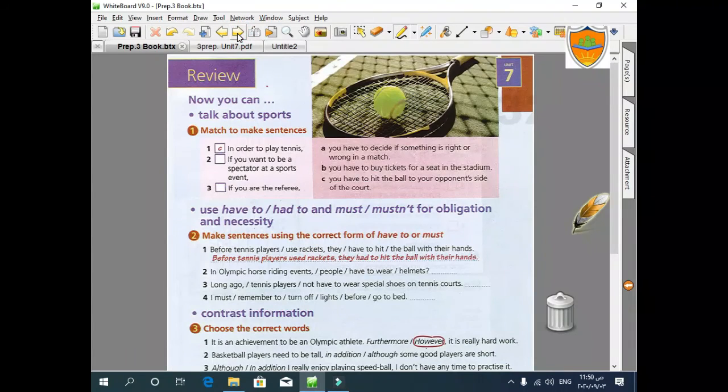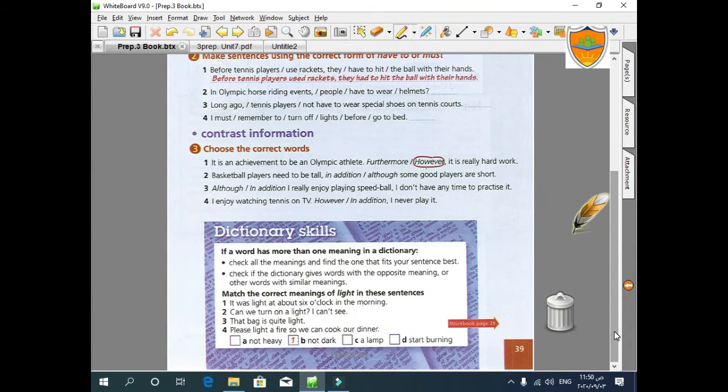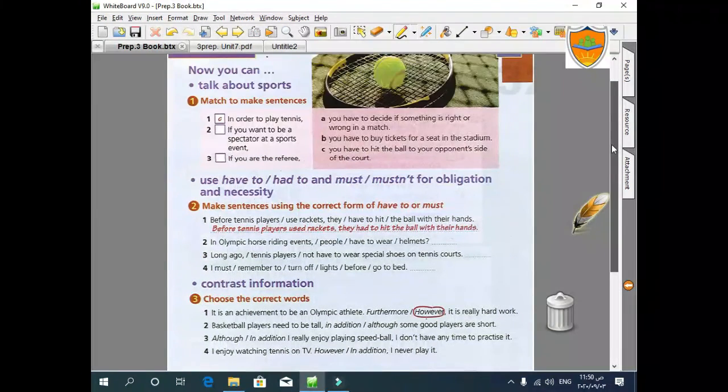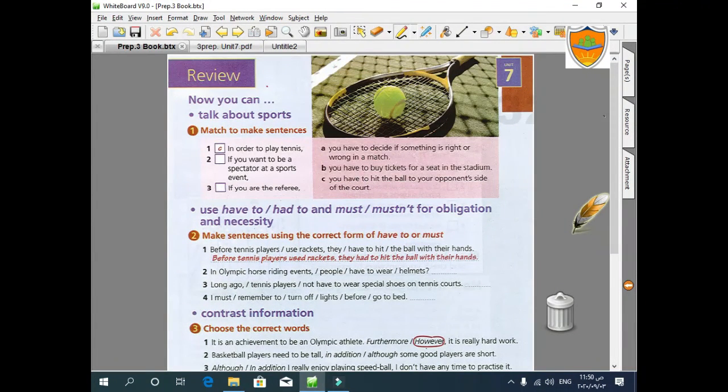Let's move to page 39, review of Unit 7. The first question asks you about some words and definitions. In order to play tennis, you have to hit the ball to the opponent side of the court.